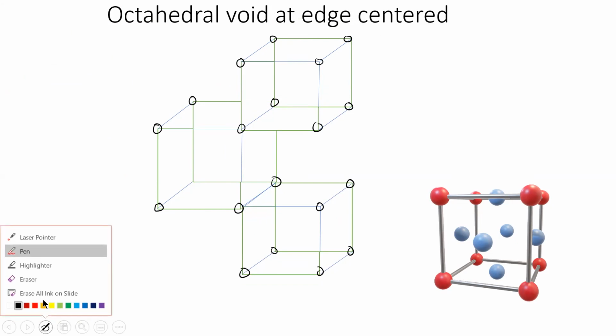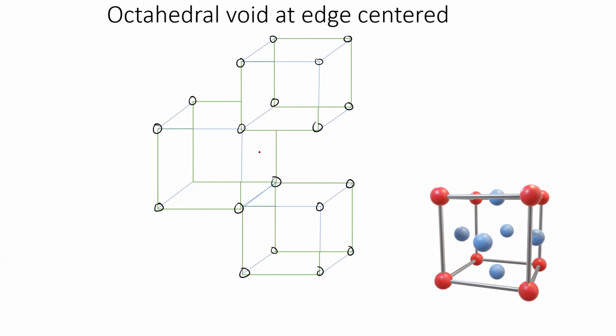Now we can have face-centered atoms. How many faces? 6 faces. 1, 2, 3, 4, and the back and front of this one. Likewise, this unit cell also has a similar pattern.